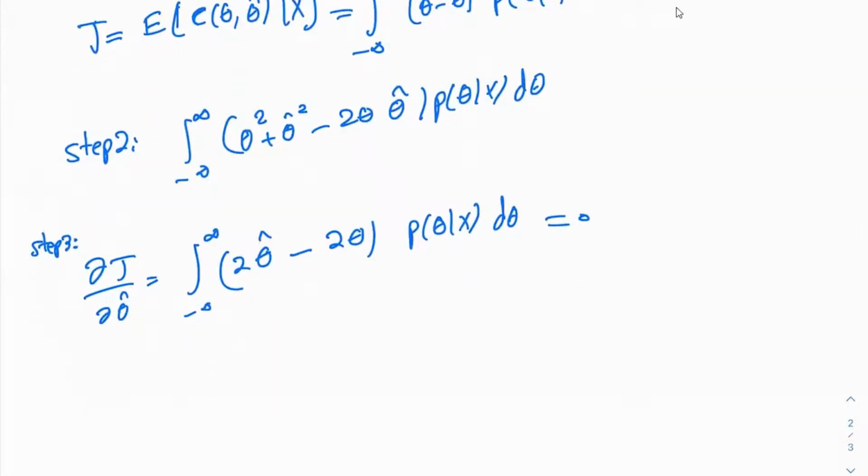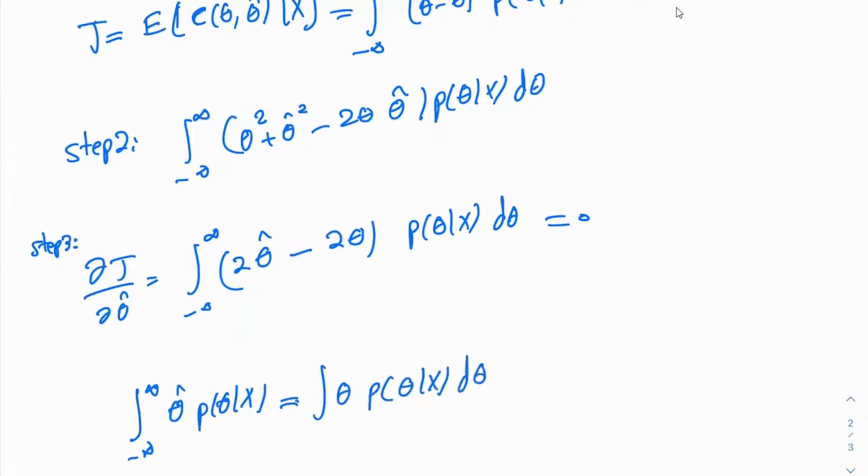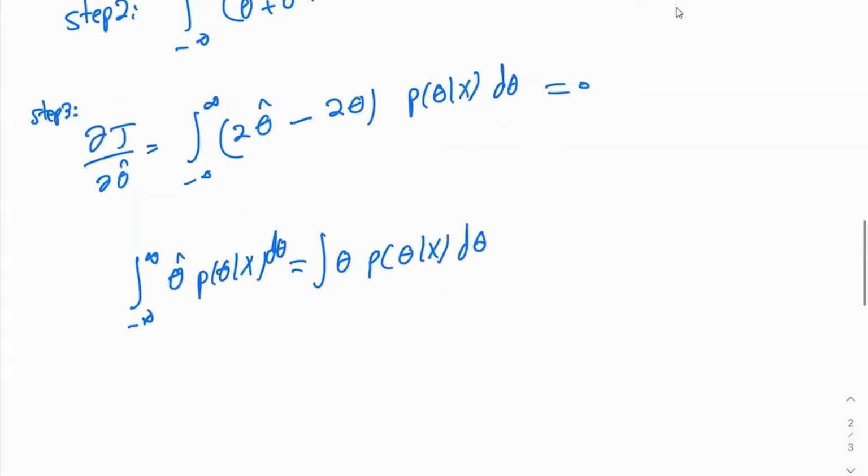Therefore, what we want is that the integral of negative infinity to infinity of theta hat p of theta given x d theta should be equal to the integral of theta p of theta given x d theta. Good. Almost there. Now, the integration is with respect to theta. This theta hat is constant with respect to theta. You can take it out of the integration.